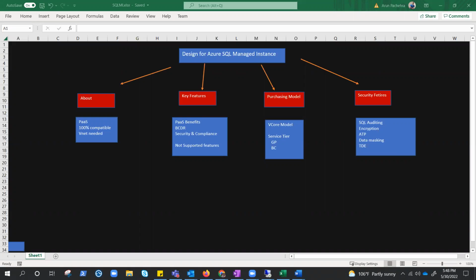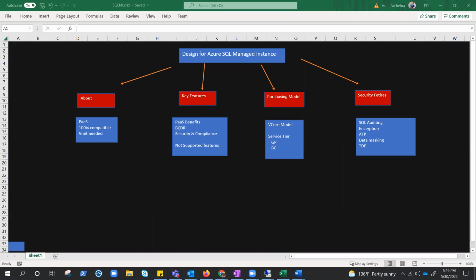And today we are going to talk about design for Azure SQL Managed Instance. I've shared my screen, and if you can see my screen, you'll find a lot of stuff that we're going to talk about one by one.